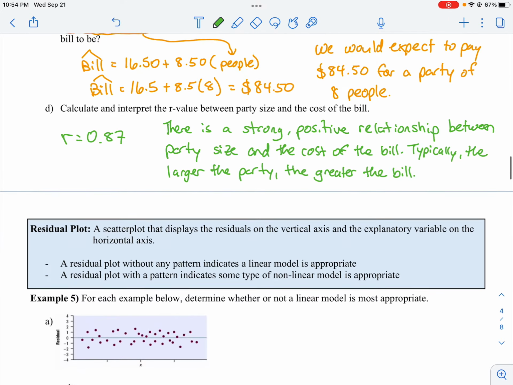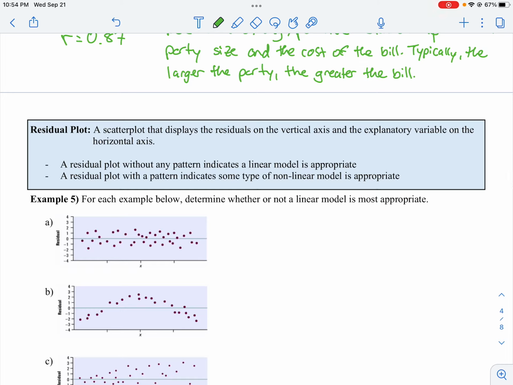Now, what's new is going to be something called a residual plot. A residual plot is a scatter plot that displays the residuals on the vertical axis and the explanatory variable on the horizontal axis. So here's basically what we're doing.